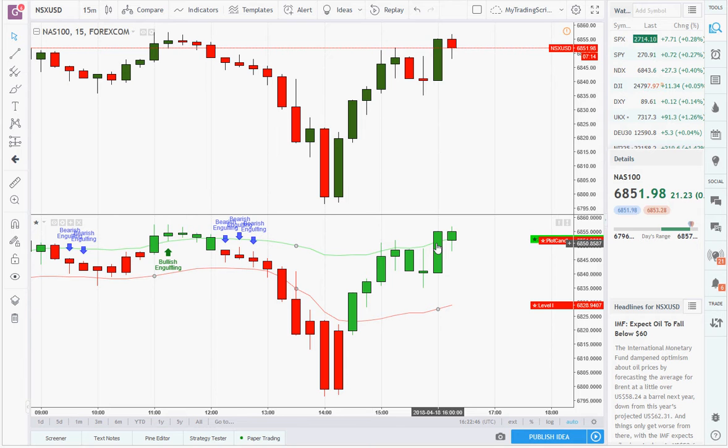You can use these levels for either entries or exits. Say, for example, you had decided to sell on this bearish engulfing at 12:15. Well, when it had reached the level 1 down here, this might be a great spot to use as an exit to exit your trade. Well, now you're at that level.